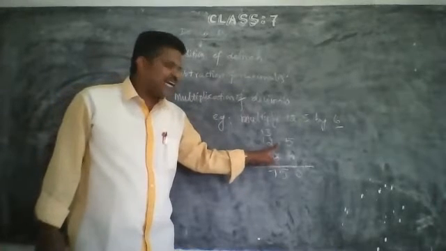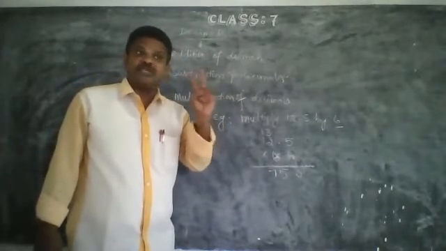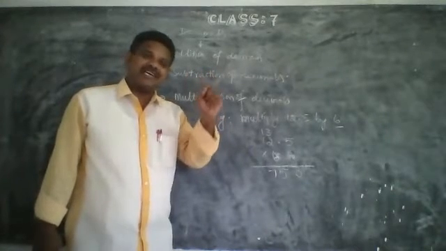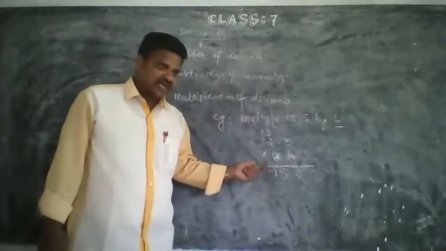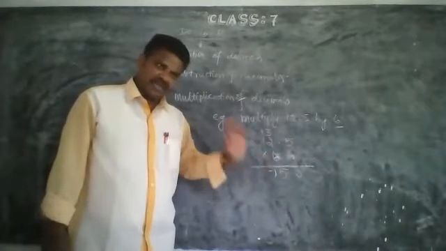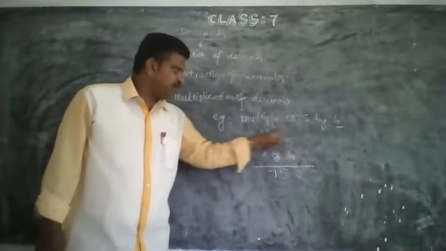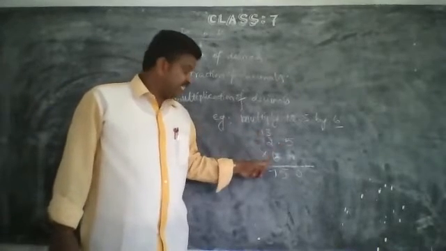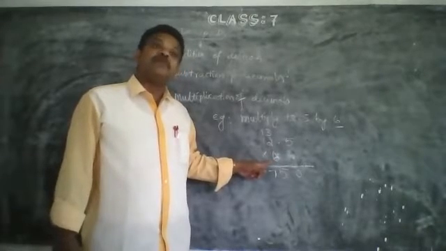See, multiplicand and multiplier, I said two words. These are mathematical words, you know. Every number in any operation has a mathematical name. So in this multiplication, the first term is called the multiplicand. The second term in the multiplication is called the multiplier.